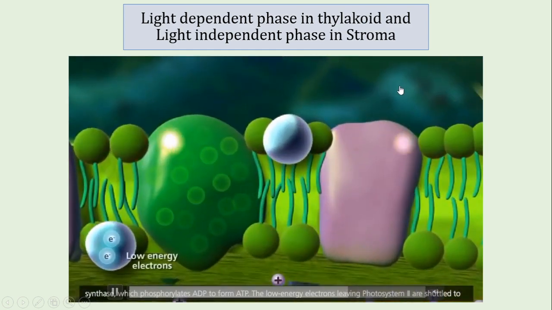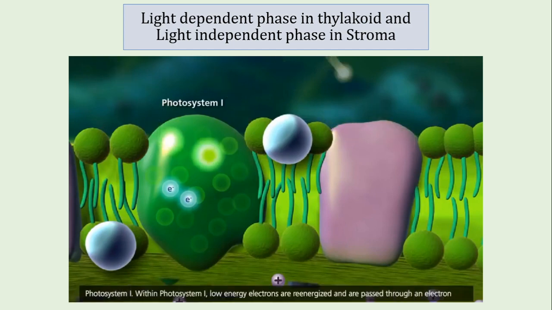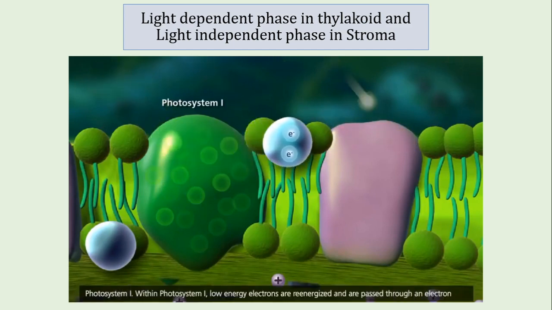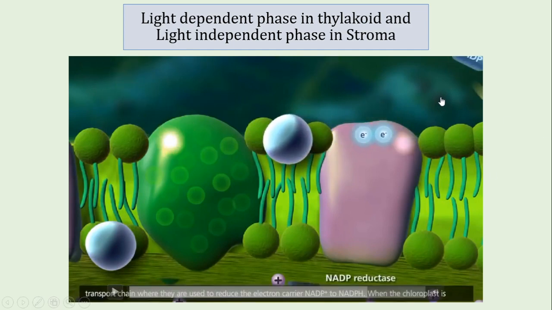The low energy electrons leaving photosystem 2 are shuttled to photosystem 1. Within photosystem 1, the low energy electrons are re-energized and passed through an electron transport chain. The electrons come to the NADP reductase enzyme, and also protons come to that site, and NADP plus also comes.